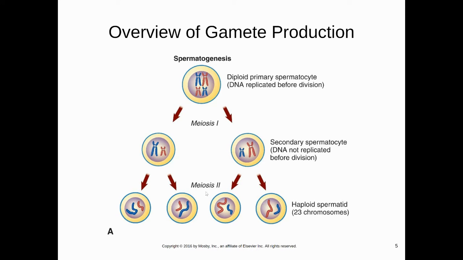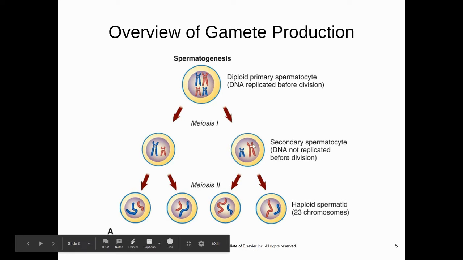Then in the second phase of meiosis, now we're going to separate out the chromosomes themselves. So we're going to have, essentially down the middle of this chromosome, one part of that chromosome go over here, and another part of that chromosome go over there. Okay? So this is going to be considered what our haploid spermatid is.